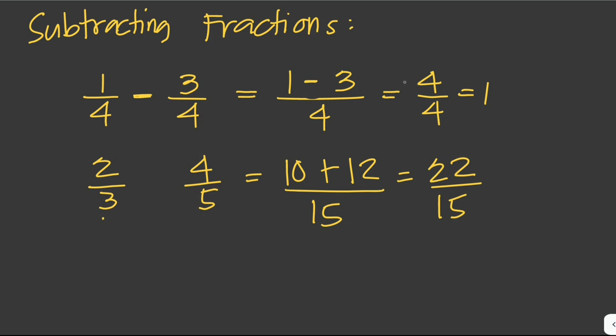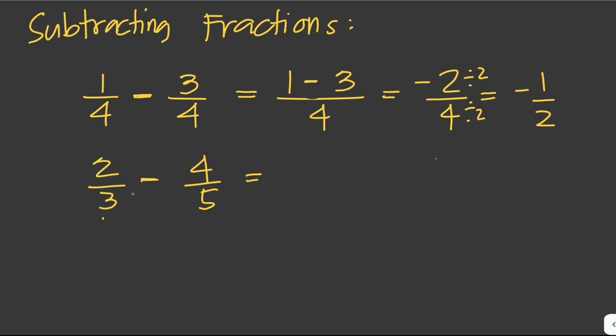So this is 1 minus 3 is equal to -2. So this is -2/4. You can further reduce this because 2 and 4 are divisible by 2. So we divide both the numerator and denominator by 2. So this is -1/2.